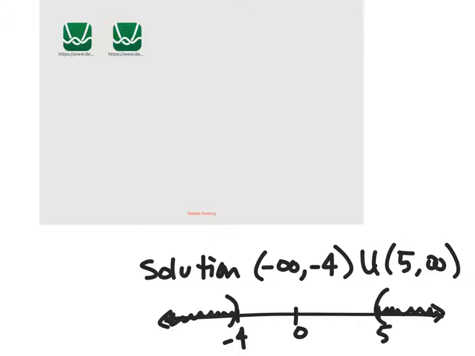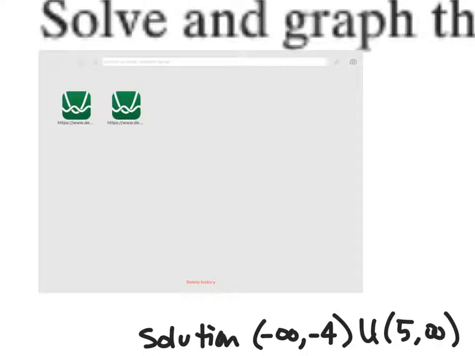And again, what I'm looking for is my x values for when this is true. So I'm just going to shade to show that, getting up to negative 4, and then anything larger than 5 is where we have that.